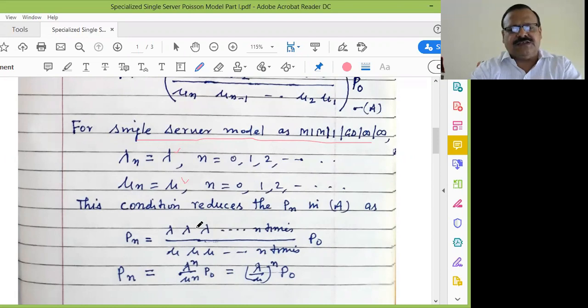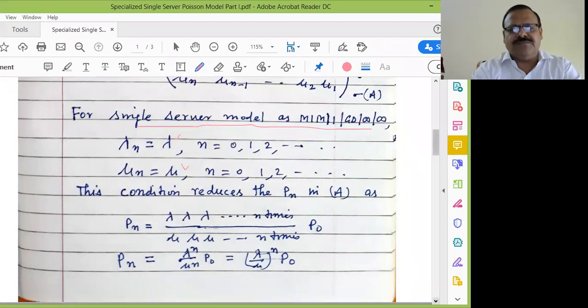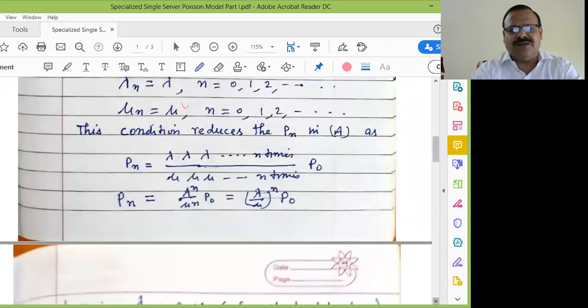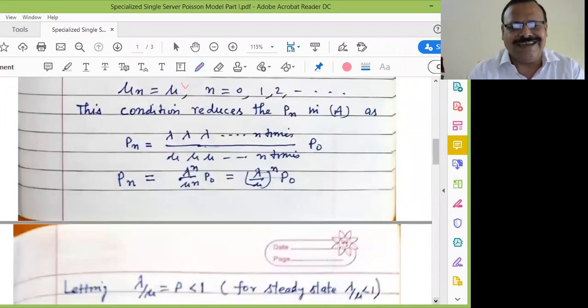This condition reduces the Pn. Look at this interesting mathematics, because we are mathematicians, unless we get the dose of the mathematical formula or derivation, we do not feel the internal happiness. So now look at how this internal mathematics takes place.